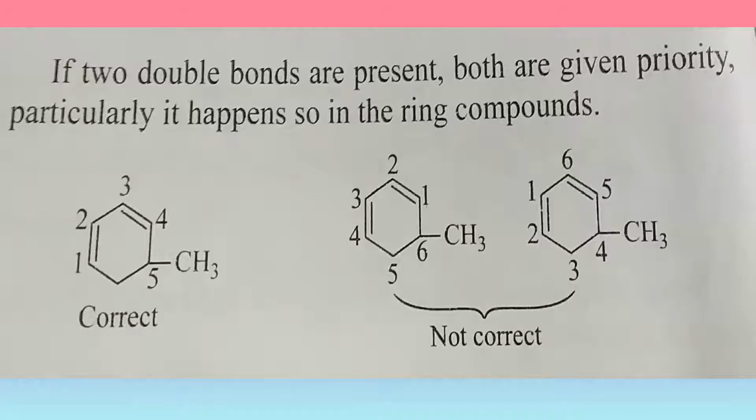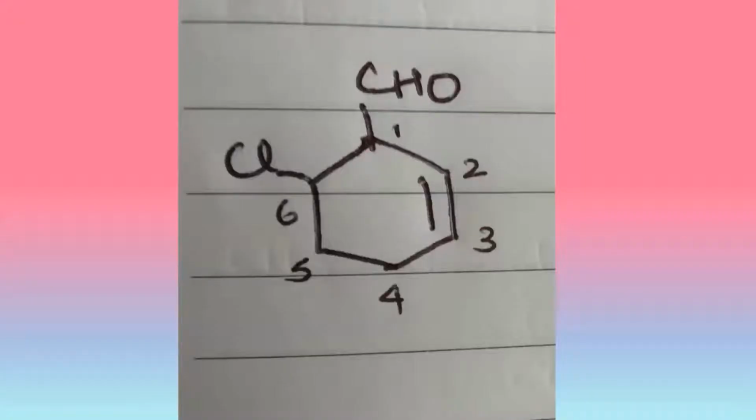So I give the numbering in such a way that the double bonds get the least numbers, not higher numbers, as seen in the next two examples, the correct notation and the one that is not correct. We always name these so that the double bonds get more priority, even if they are double or triple in number, compared to the alkyl groups.